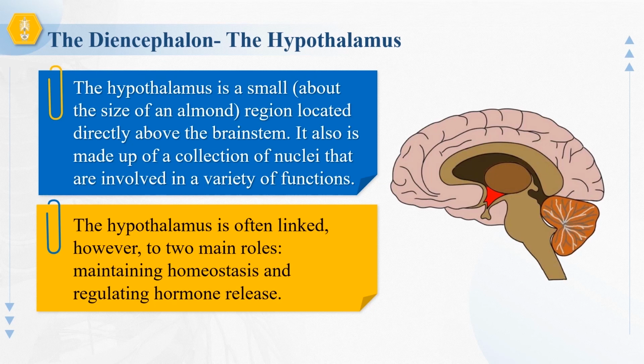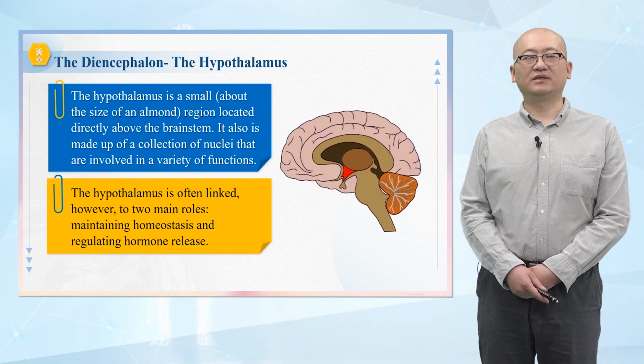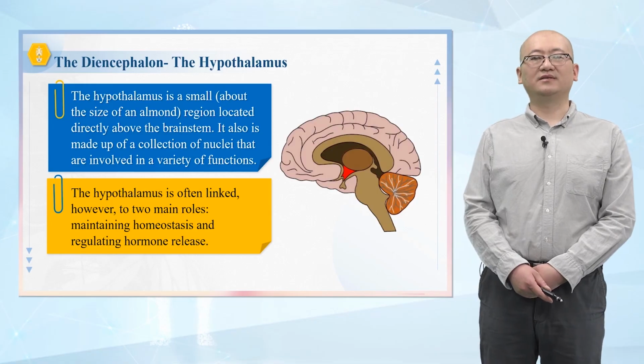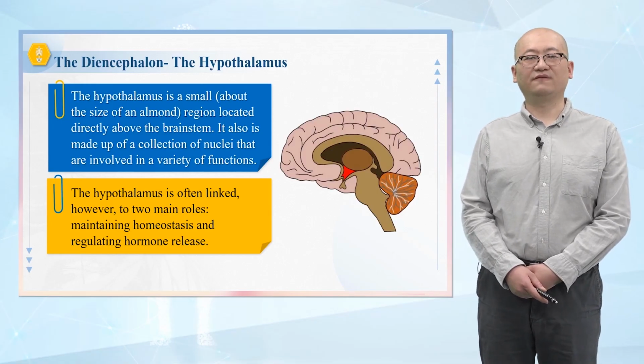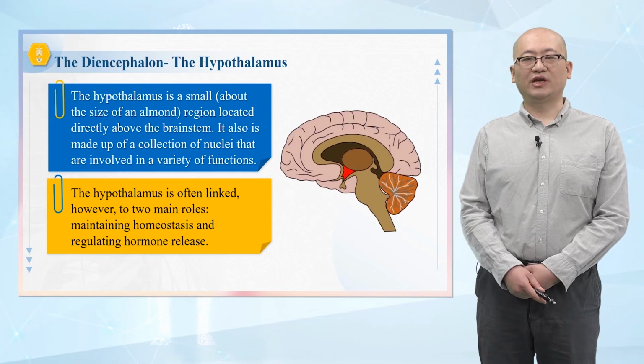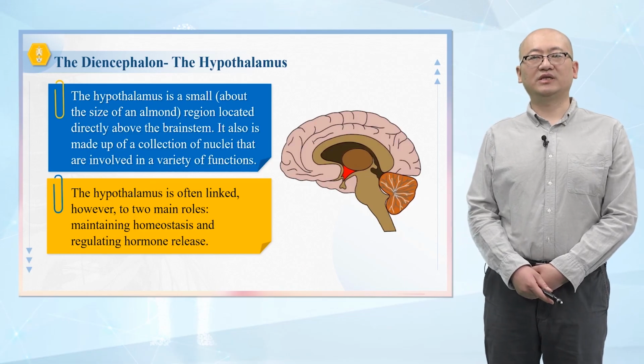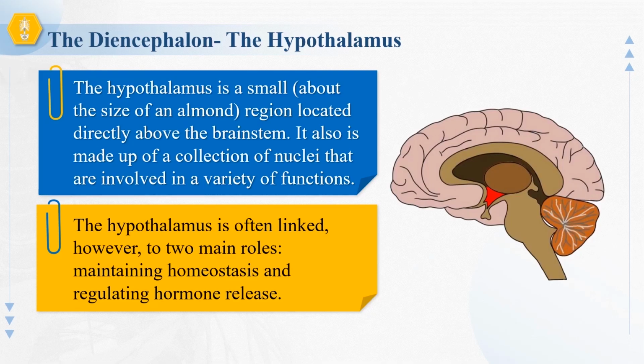When it recognizes an impending imbalance, it enacts a mechanism to reverse the disparities. The hypothalamus maintains homeostasis and influences behaviors in general by regulating hormone secretion. This is particularly done through the control of hormone release from the pituitary gland.